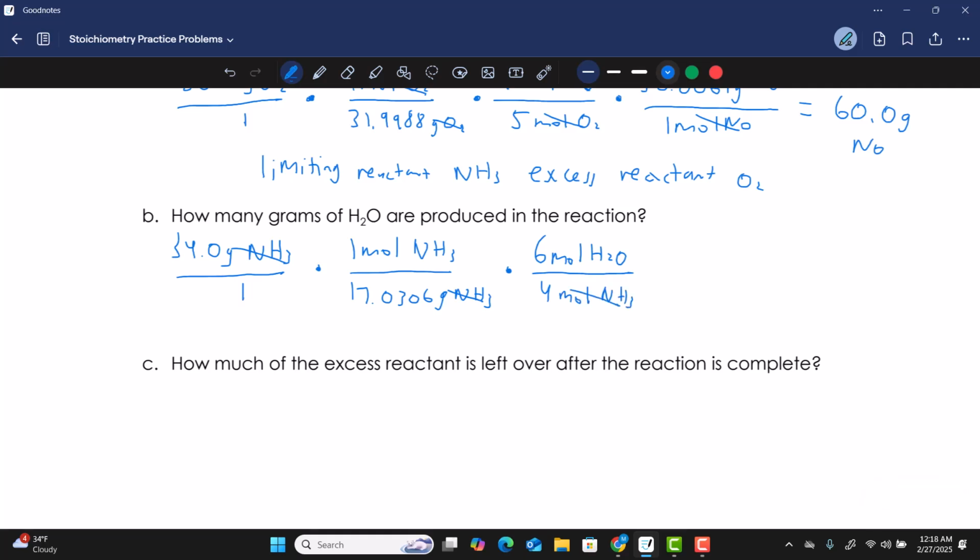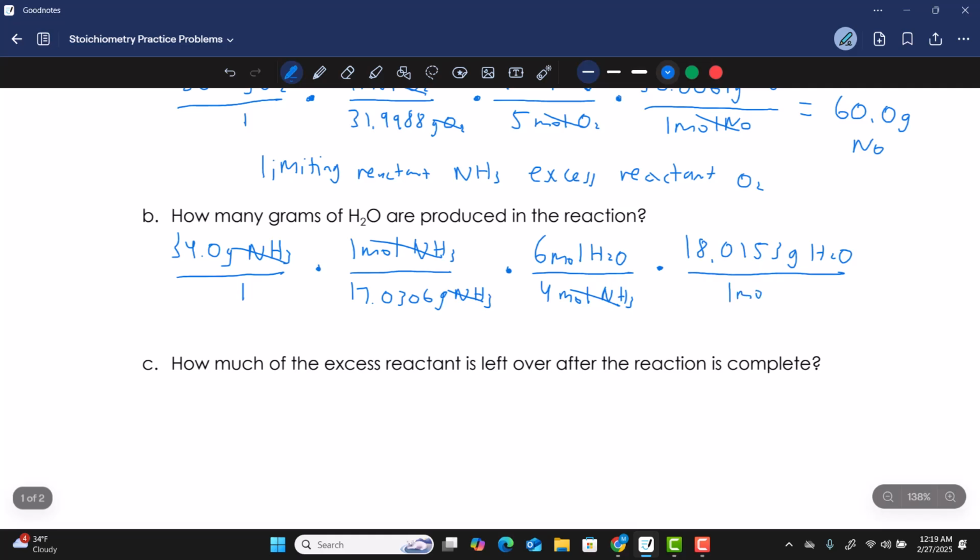The moles of NH3 would cancel, and then we would do the molar mass of H2O on the top, which is 2 times 1.00794 plus oxygen, which is 15.9994, which would equal 18.0153 grams of H2O.